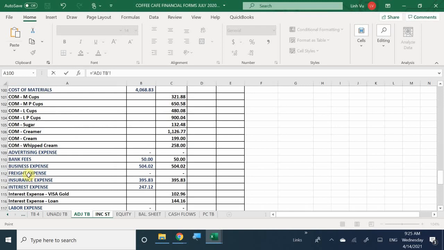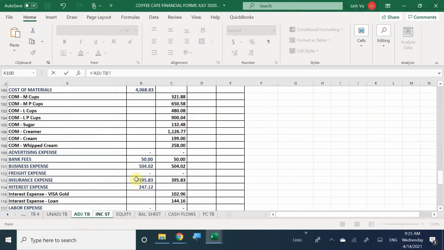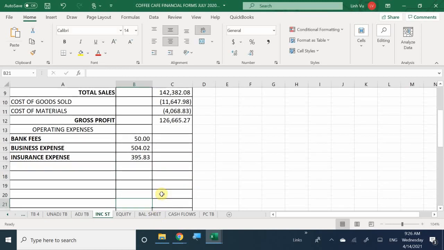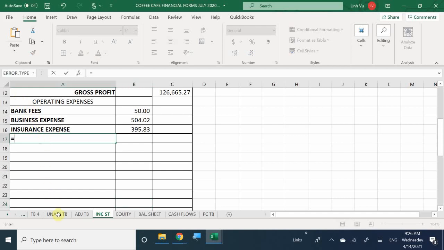Freight, fuel, that has nothing. Insurance expense, yes. Okay, for how much? 395.83. Okay. All right, what else is there?